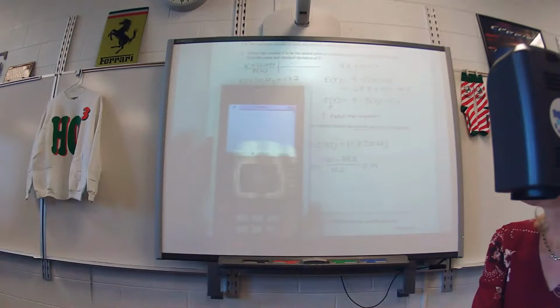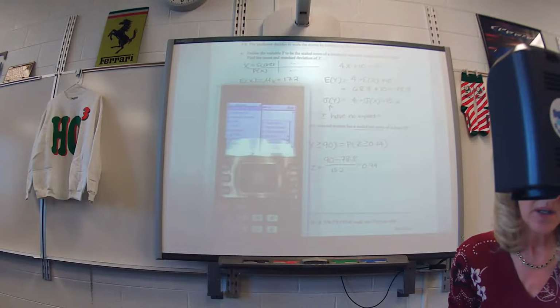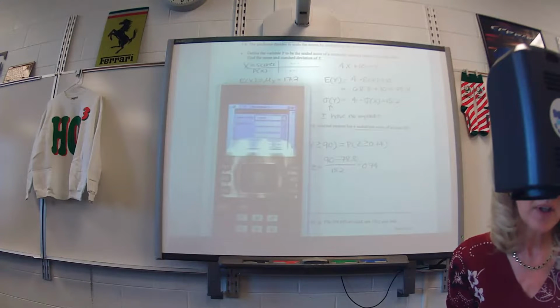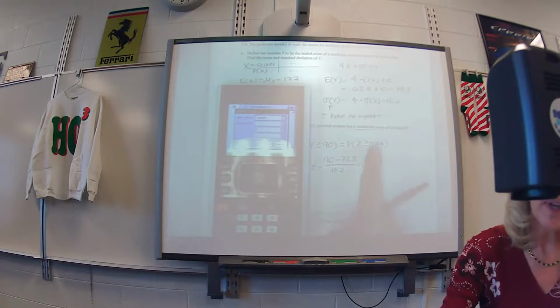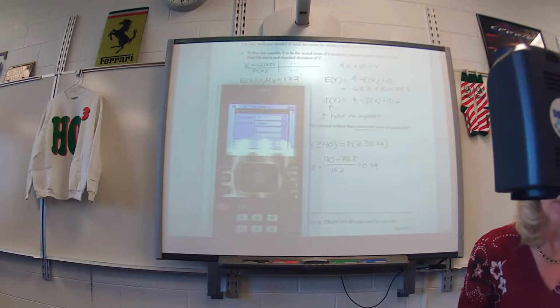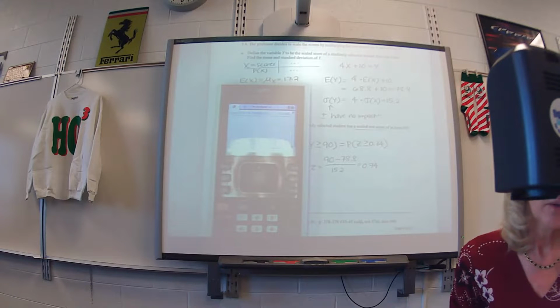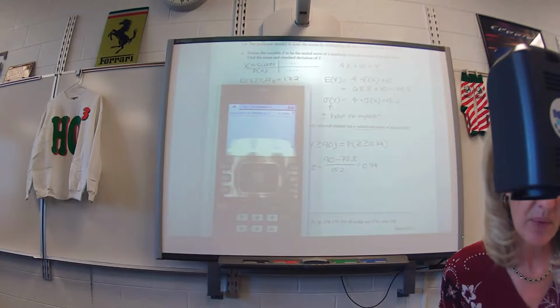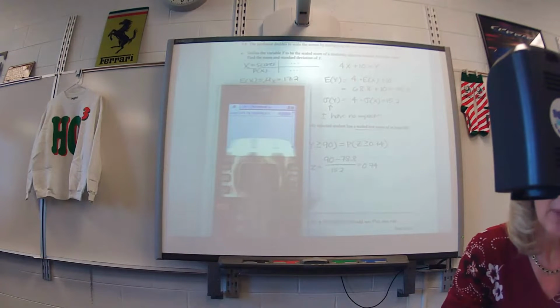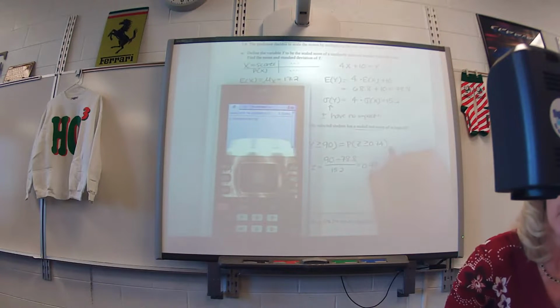I'll pull up my Inspire here and do menu, probability, distributions, normal CDF. Lower bound is going to be that 0.74. Upper bound is going to be a very large positive number. Just tab through the 0 and the 1. To 4 decimal places, I would call that 0.2. Actually, what I want to do is see what that looks like longer. I would call that 0.2296.